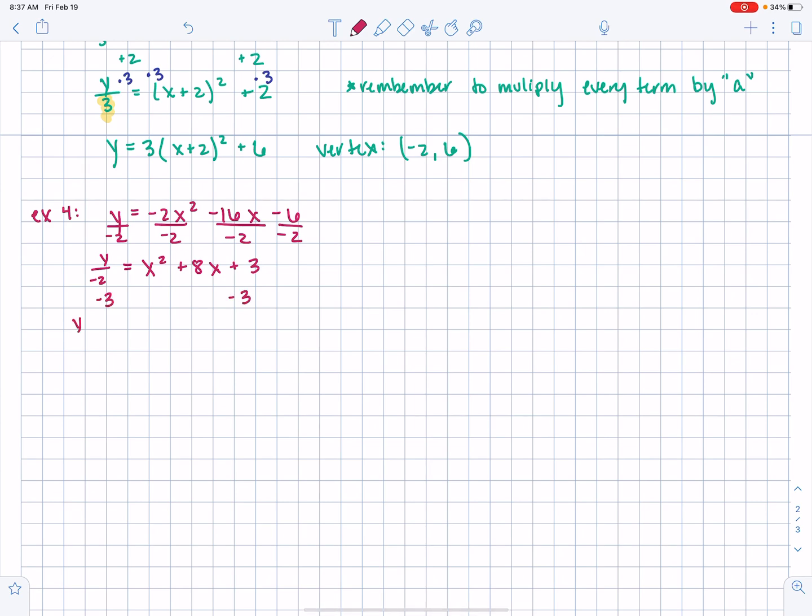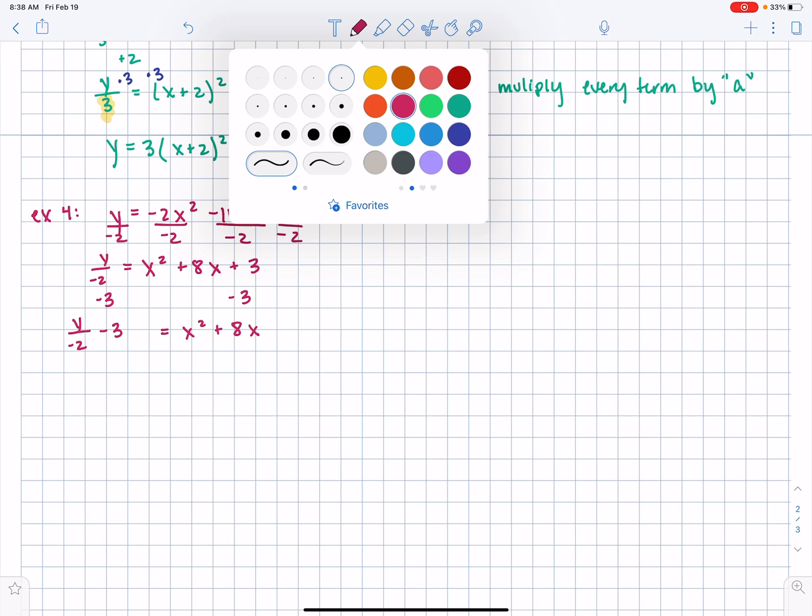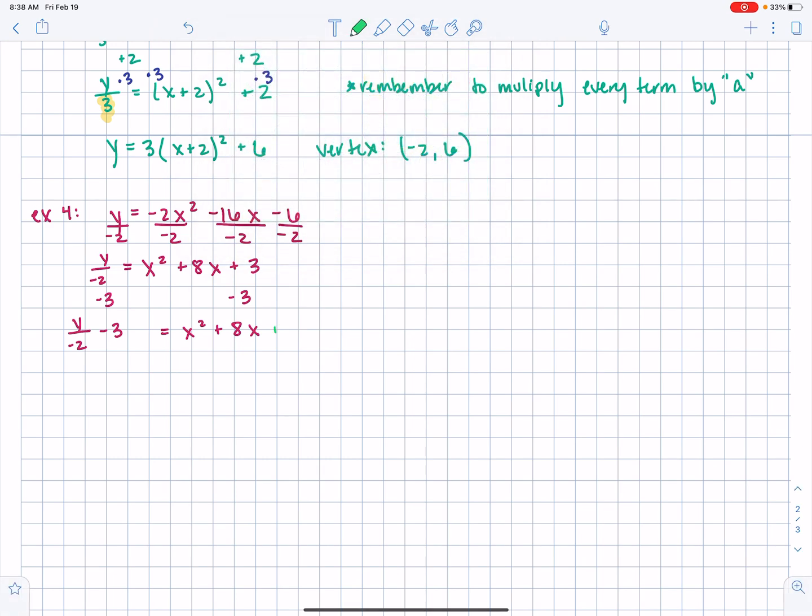So y over -2 minus 3. I'm going to leave a bit of a space so that I can add in that new constant. And our new constant here, switch to the screen, is going to be, we have 8 over 2 squared. 8 over 2 is 4. 4 squared is plus 16.